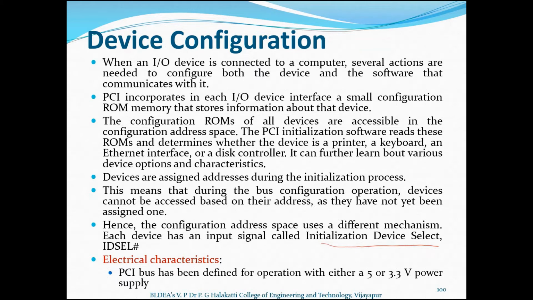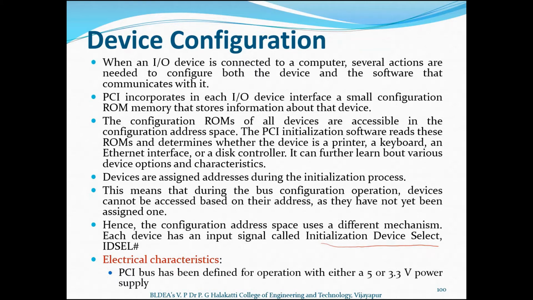Now all this process is done internally without any intervention from the user. The user simply has to plug in the interface board and power on the system. The software configures the device and makes it ready to use.